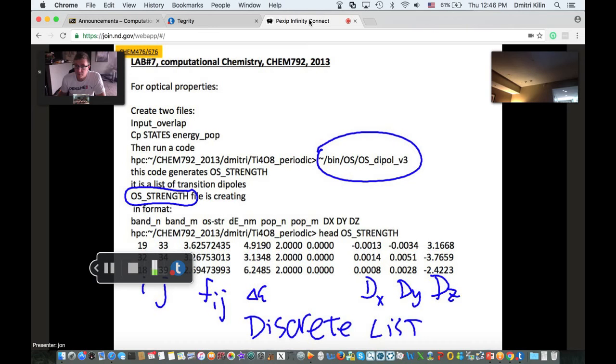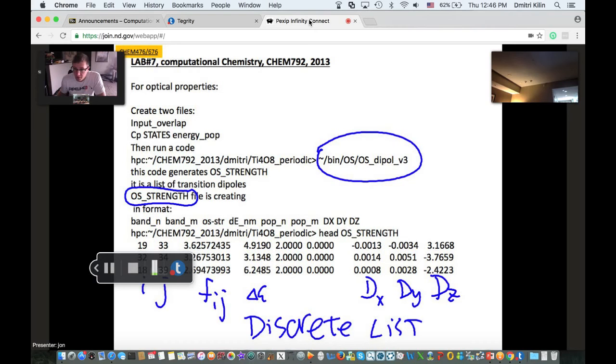Okay. So this OS dipole script, the end goal of this is to have it generate the OS strength file. And so you'll see a few lines pop up onto the screen after you execute, and it might sit and work for a while, and eventually we'll come up saying mission complete, OS strength file created.